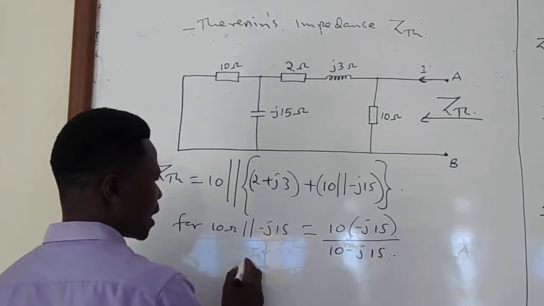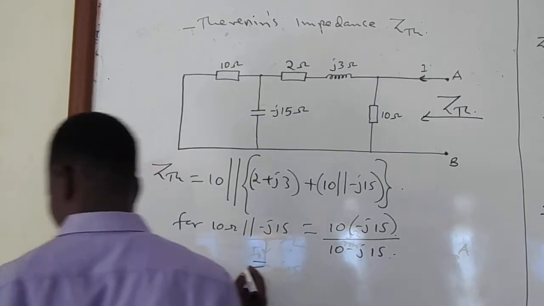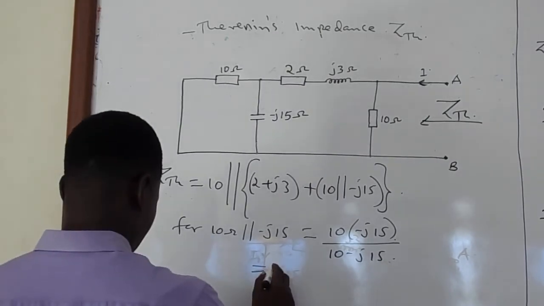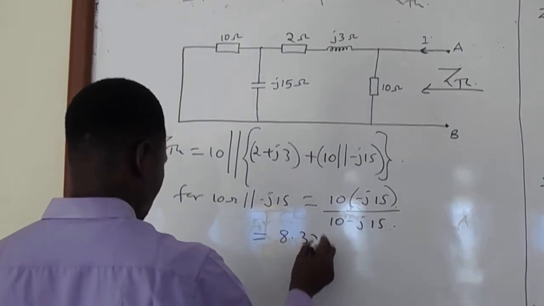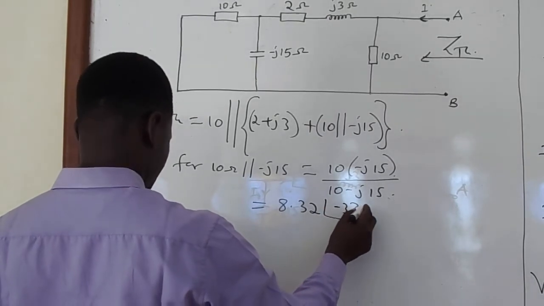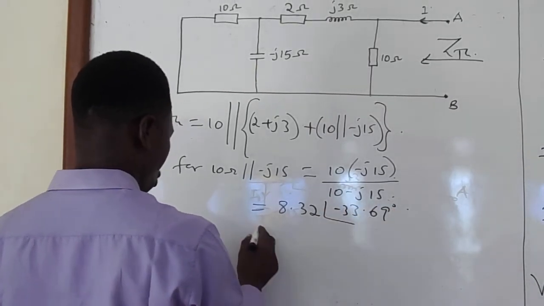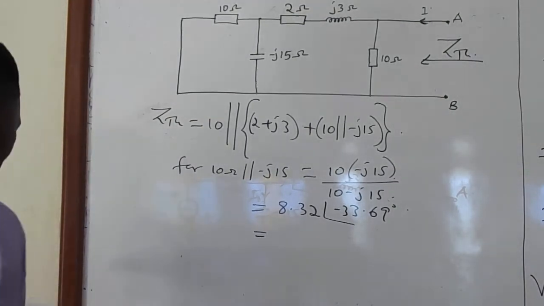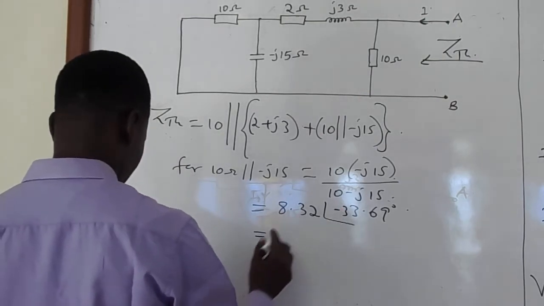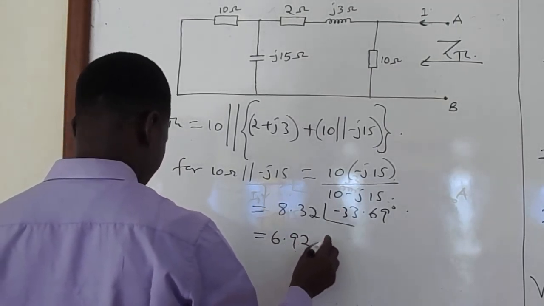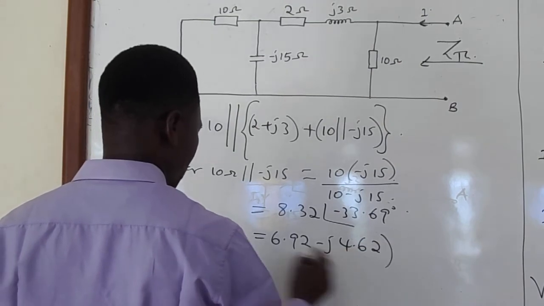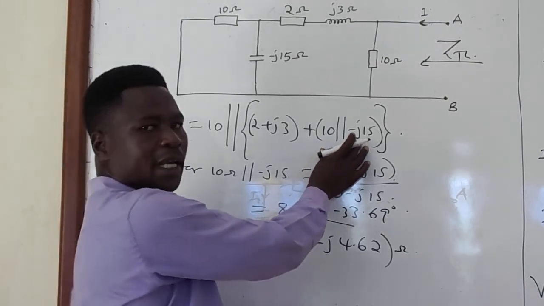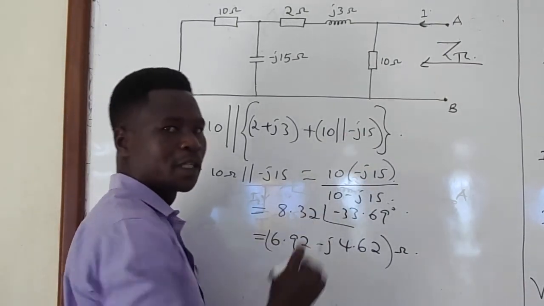And this is solved to give us 8.32 at an angle of negative 33.69 degrees, which we can as well convert into rectangular form. And when you convert it to rectangular form, we'll get 6.92 minus J4.62 ohms. This one is just the 10 ohms in parallel with negative J15 ohms.